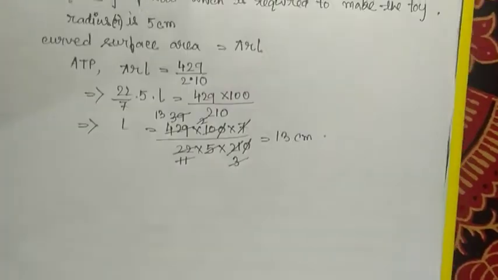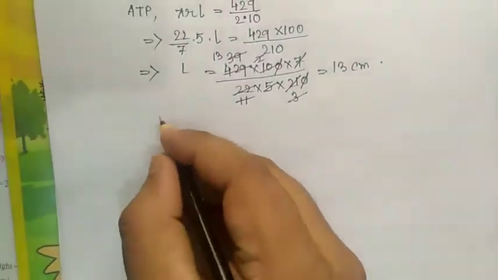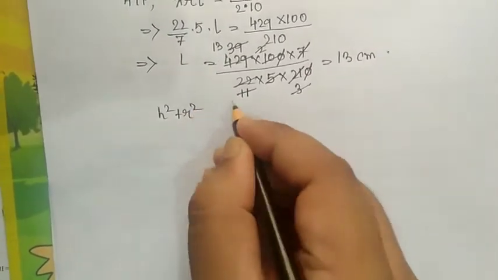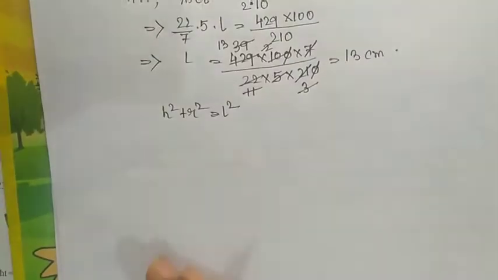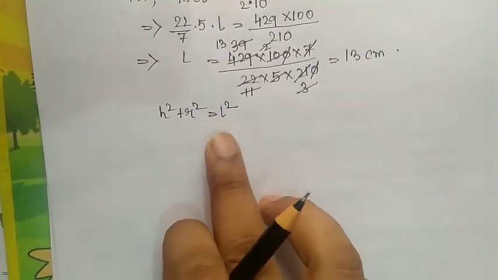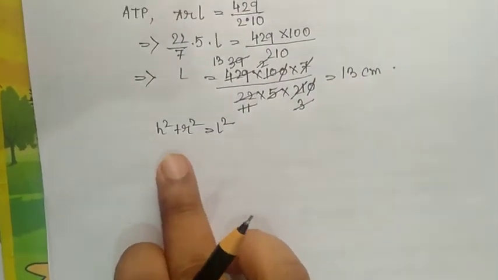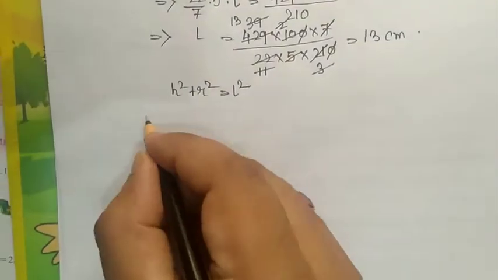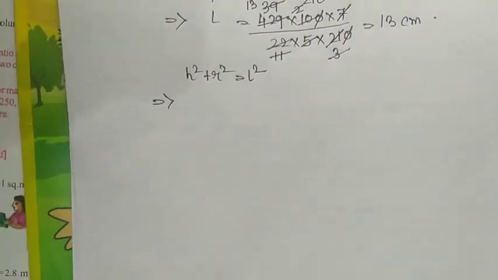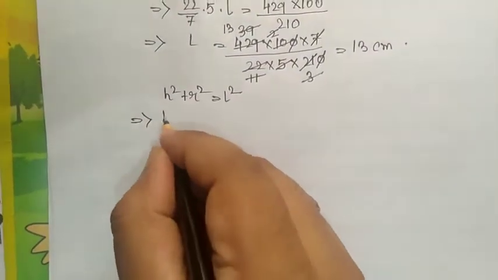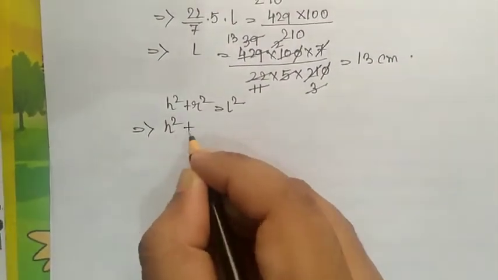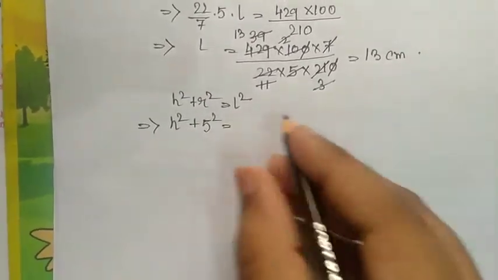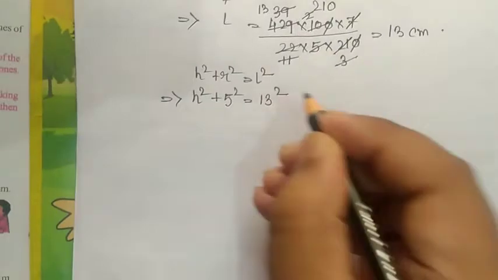Now we have to find the height. We know that h square plus r square equal to l square. Previously we learned the relationship between height, radius and the slant height: height square plus radius square equal to slant height square. Now put those values. We have to find the value of h. So h square plus r means 5, so 5 square, and l means 13, so this should be 13 square.